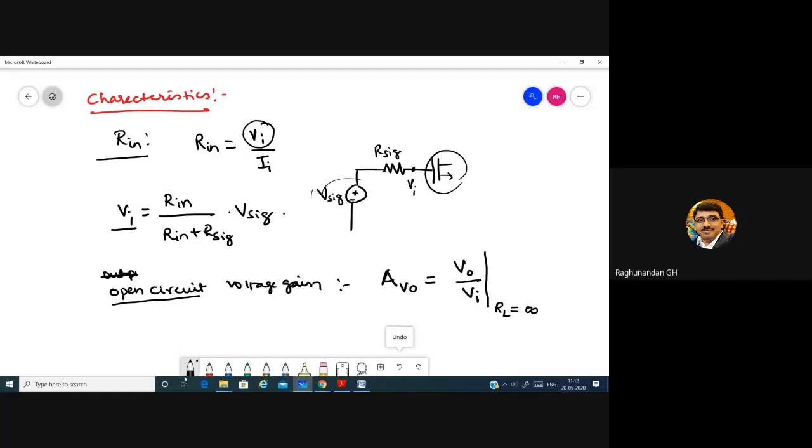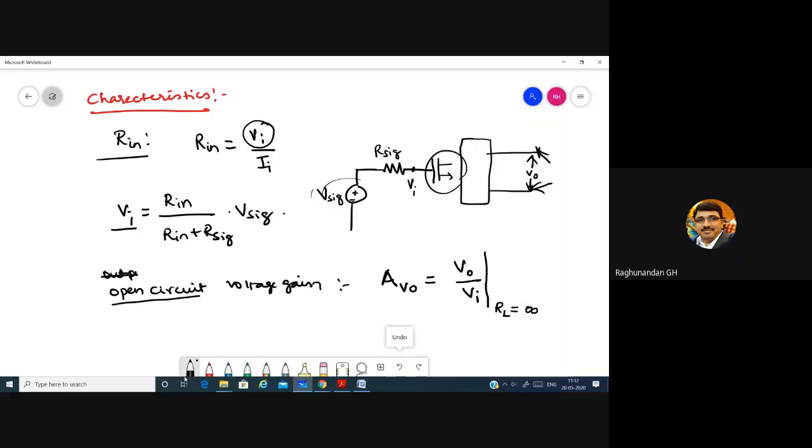The load resistance is considered to be infinity because, say we have some circuit here and you want to measure the voltage across this. What is this voltage? You don't have any resistance here, but still you will take a voltmeter and measure this. So this is the open circuit voltage.